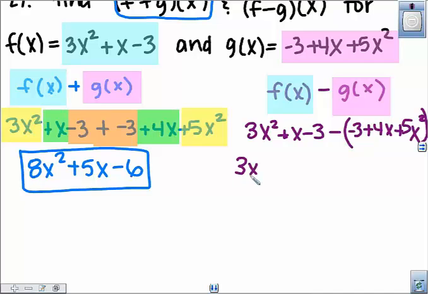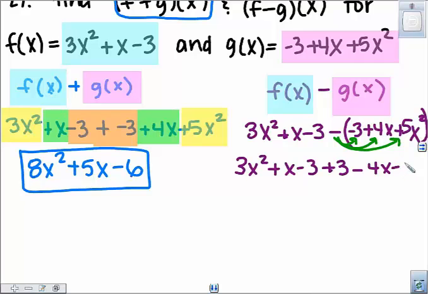So all of those signs get changed. So I still have 3x squared plus x minus 3, and now I'm distributing the negative to all the terms inside. So that gives me plus 3 minus 4x minus 5x squared. Now I can combine like terms. So my x squareds are 3 minus 5.